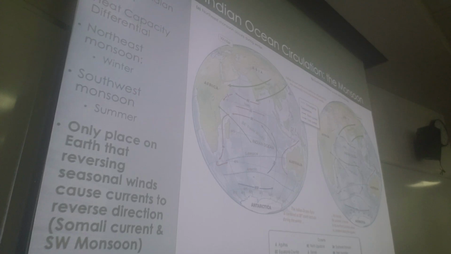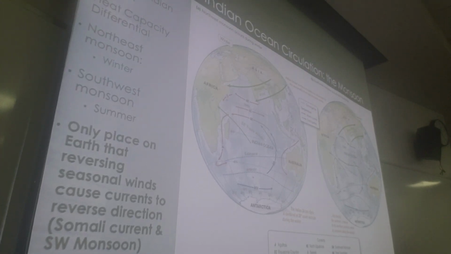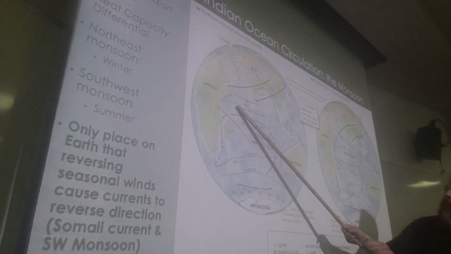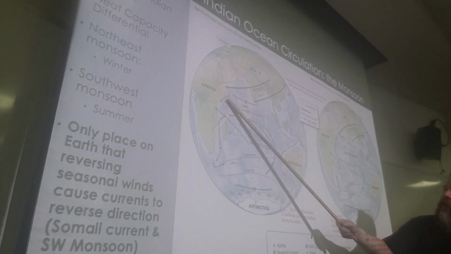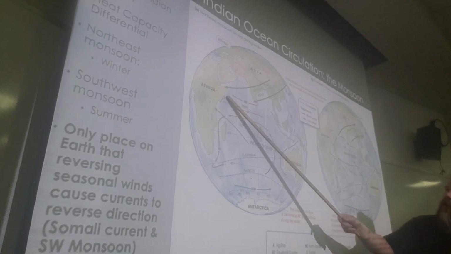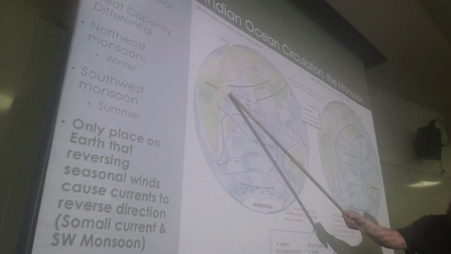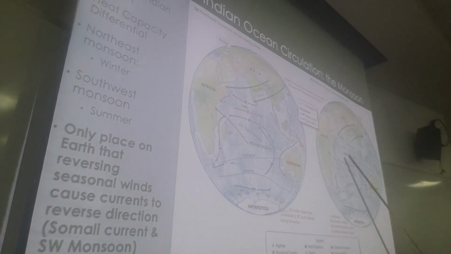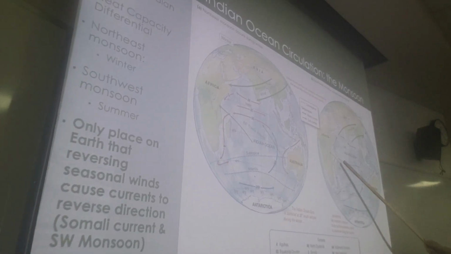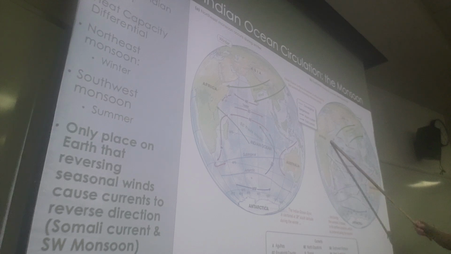Those changes in the winds are so strong that it actually reverses the direction of one of the key currents. So in the wintertime, we have the Somali current. The Somali current runs down the northeast coast of Africa from north to south. And then in the summertime, the monsoon winds are so strong that it actually reverses the current and pushes it north.